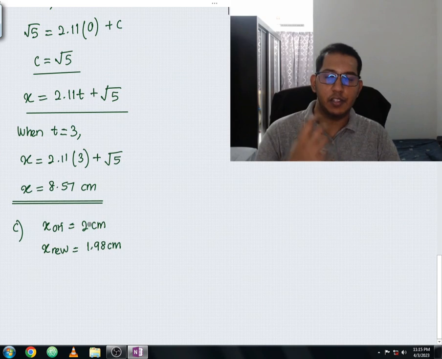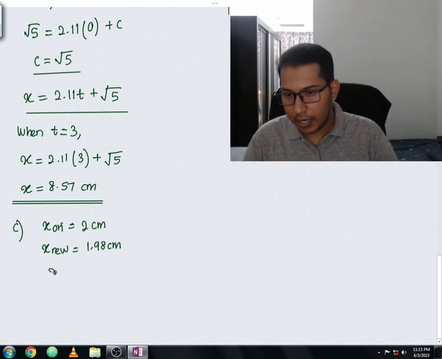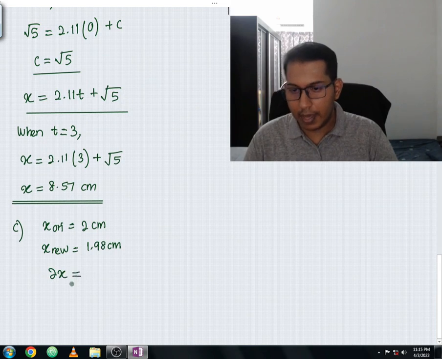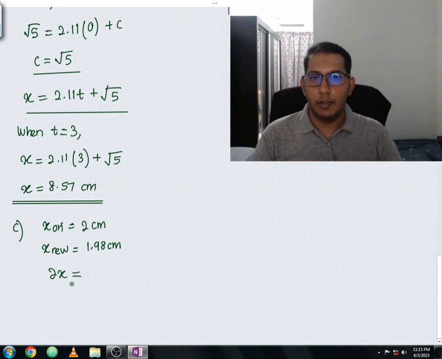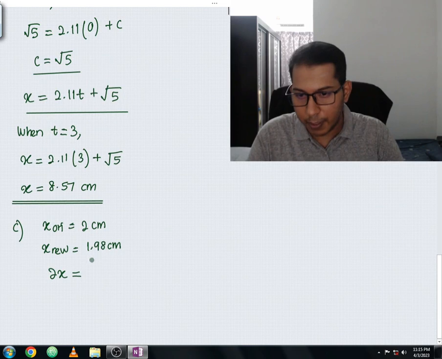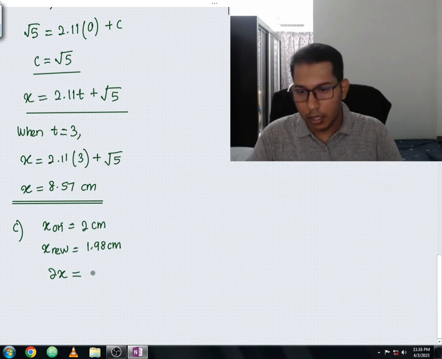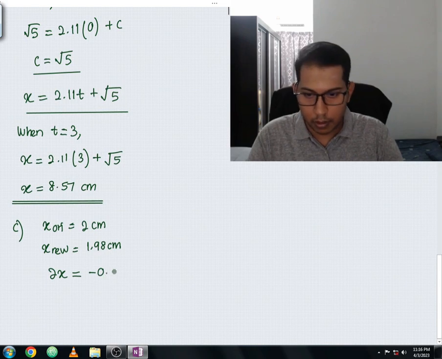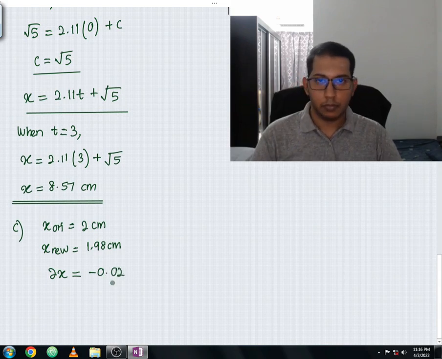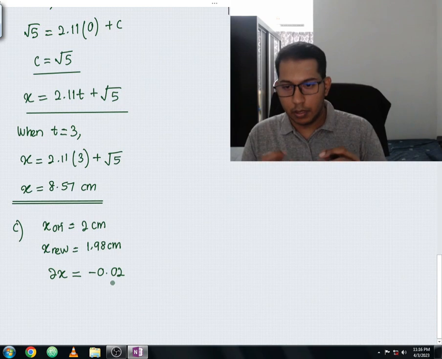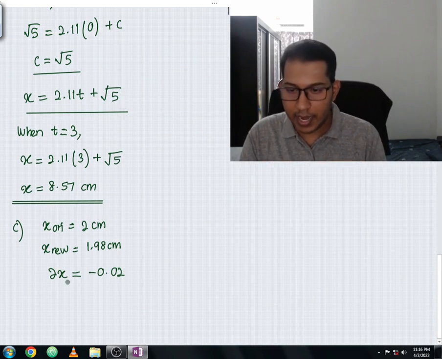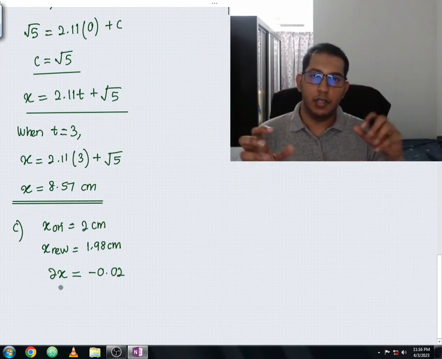We are required to find the small change in x, which we denote as delta x. To find delta x is very simple: the new value minus the original value. So 1.98 minus 2, and you get delta x equals negative 0.02.